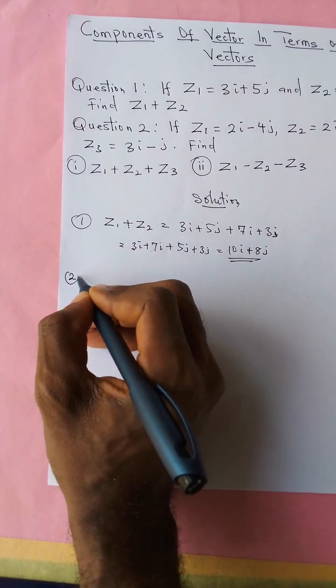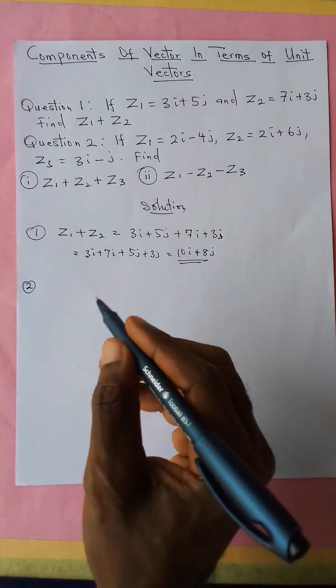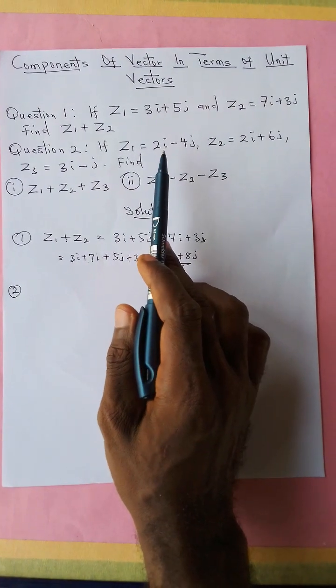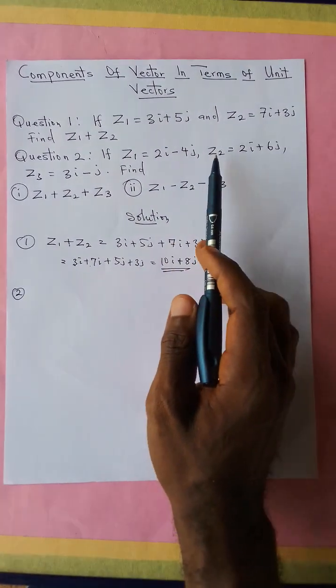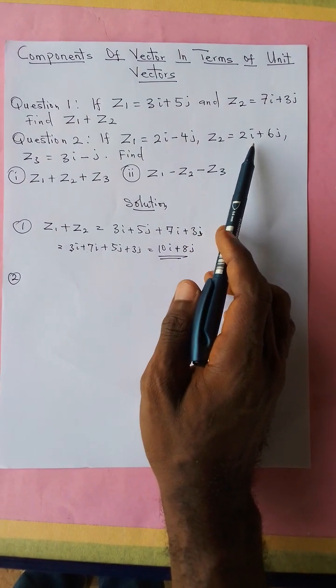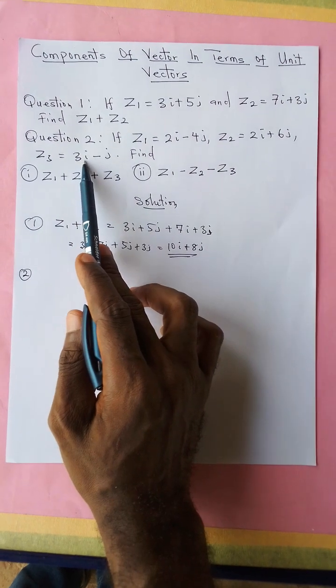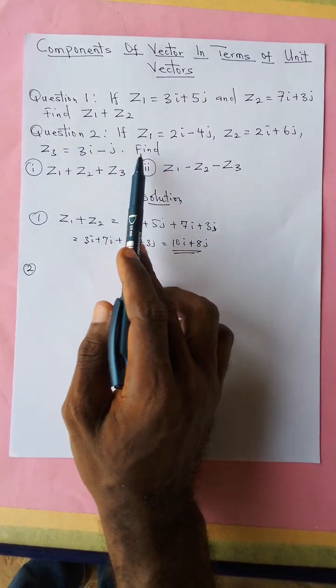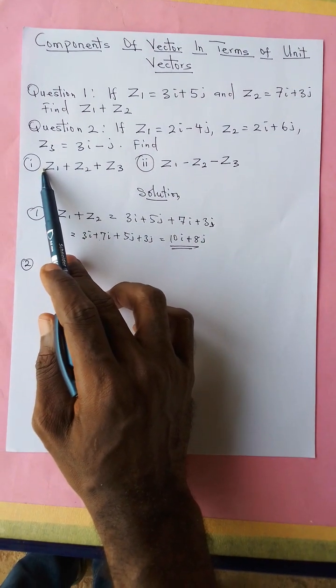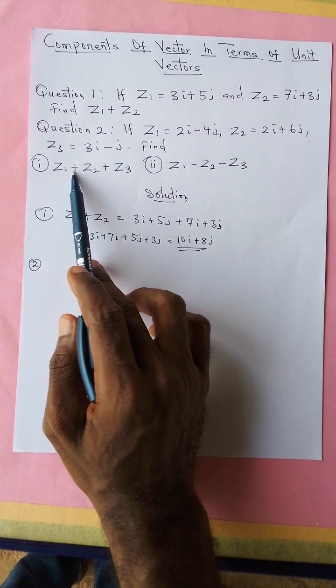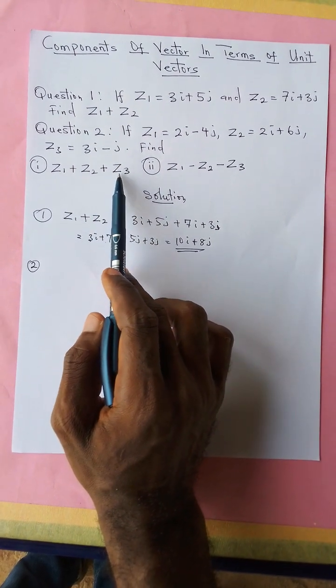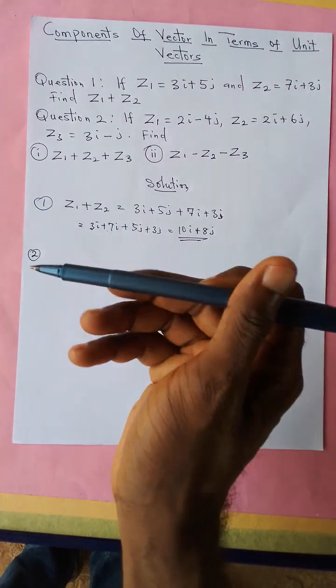So question number 2. Question 2 says that if Z1 is equal to 2i minus 4j, Z2 is equal to 2i plus 6j, and Z3 is equal to 3i minus j. Find (i) Z1 plus Z2 plus Z3. So let's start with that.